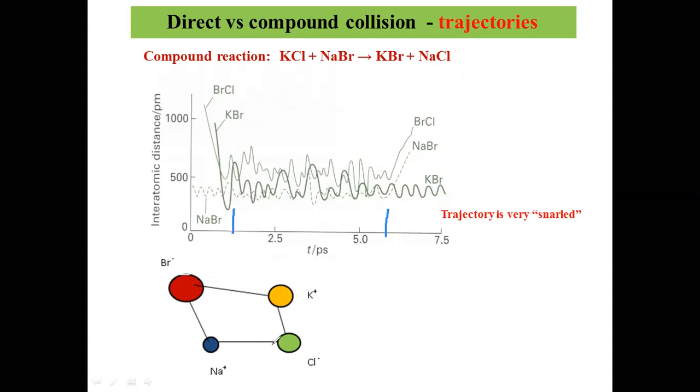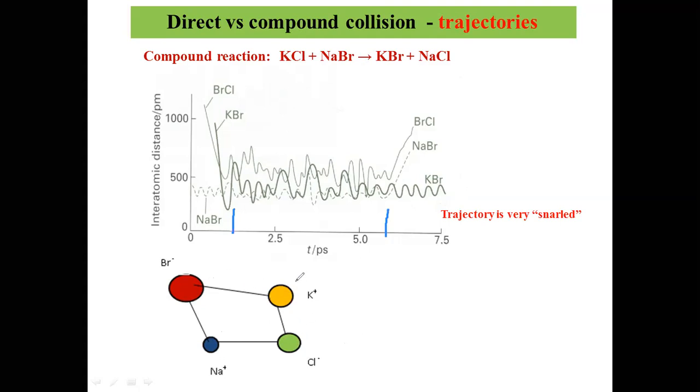Now, when this trajectory goes out of this potential well, so this was trapped in the potential well, that is the signature. Now, when it goes out of the potential well, it does not really know from which side of the potential it entered. That means whether it entered from NaCl and KBr, or it is NaBr from NaBr plus KCl.